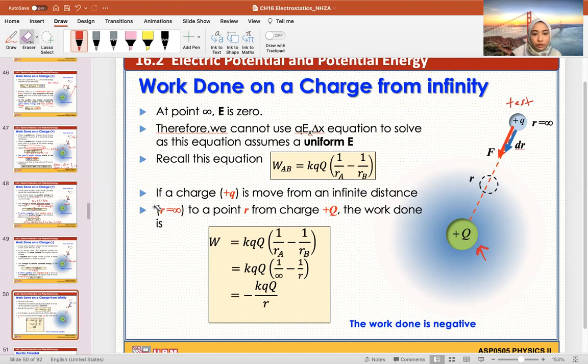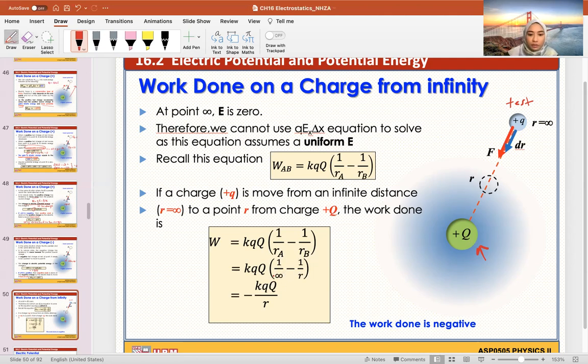Okay. To a point R from charge positive Q, it means that it moves from infinity to this point R. Point R is the distance to this charge. So this is 1 over R. We start from infinity: 1 over infinity minus 1 over R. R is your final point. So 1 over infinity is 0.